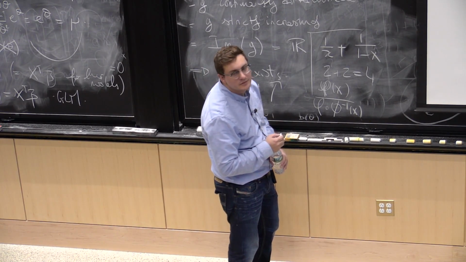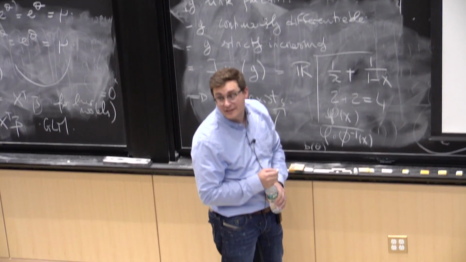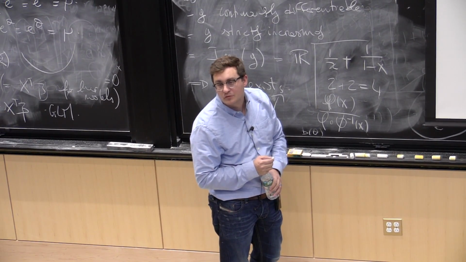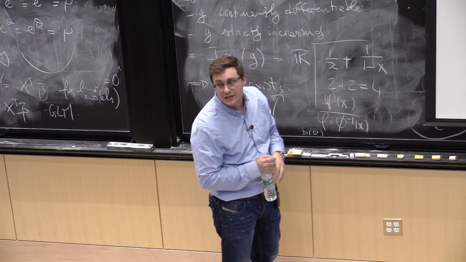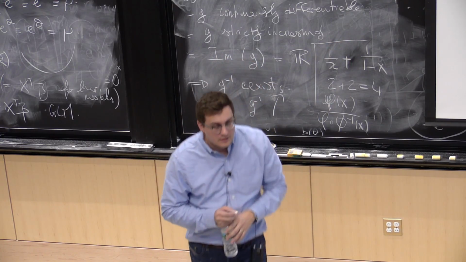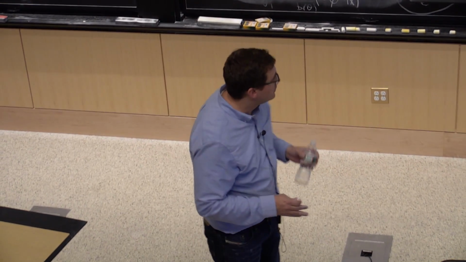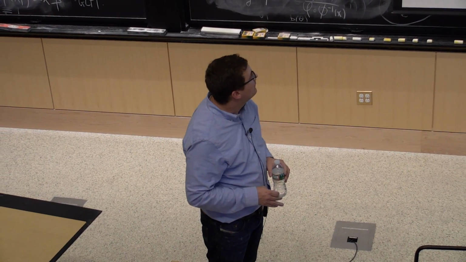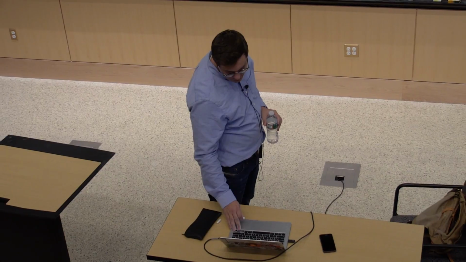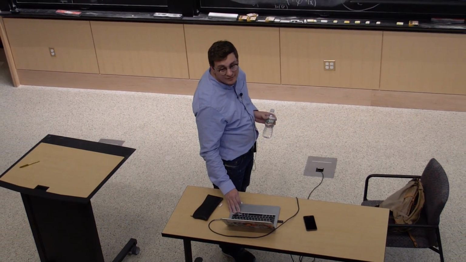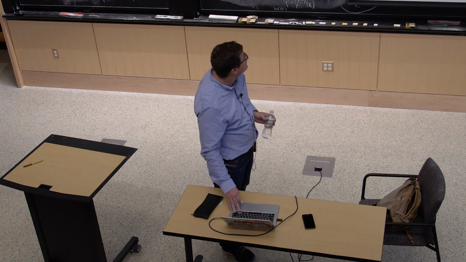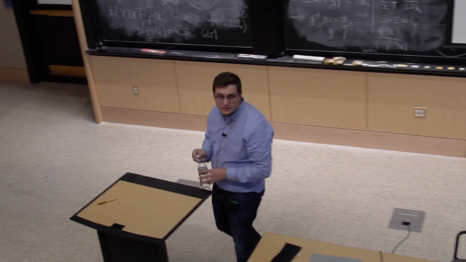I can compute the derivative of capital phi at 0, which is just 1 over square root 2 pi, and then the slope has to be 1 over that, so square root 2 pi. That's just a comparison, but so far we do not have any reason to prefer one to the other. Now I'm going to start giving you some reasons to prefer one to the other.